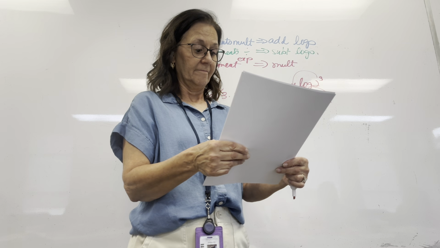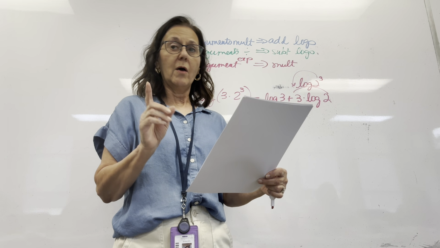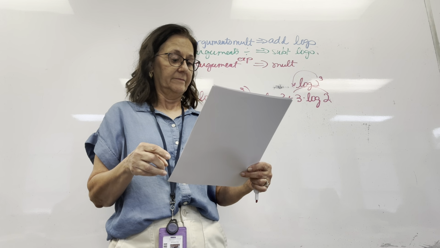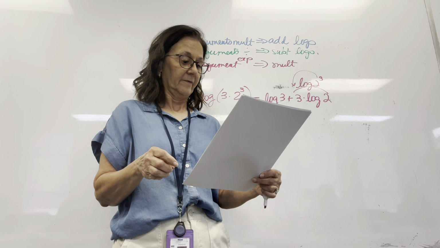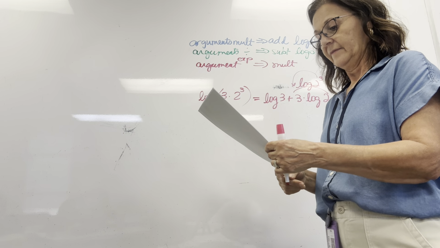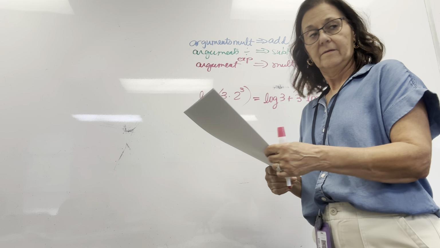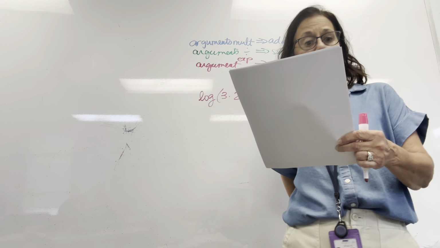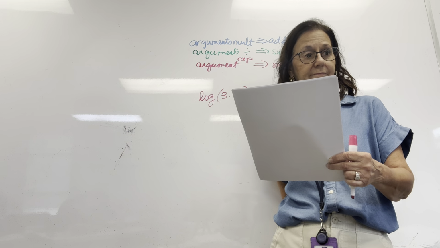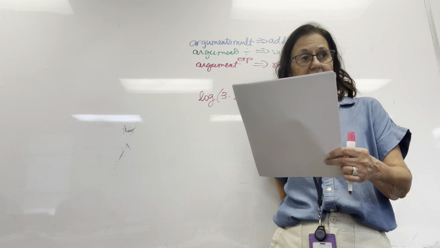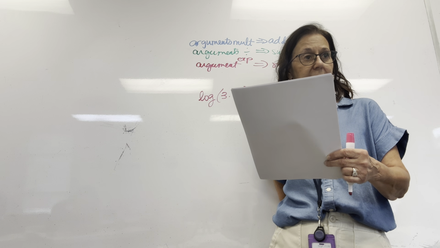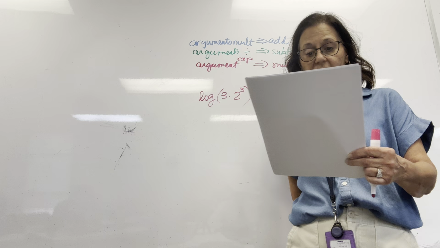Yes. All right. What would 9 be, Beckett? 4 log u to the 4th minus log v. And then what would you do with that 4? You also pull it out to the front. That's right.